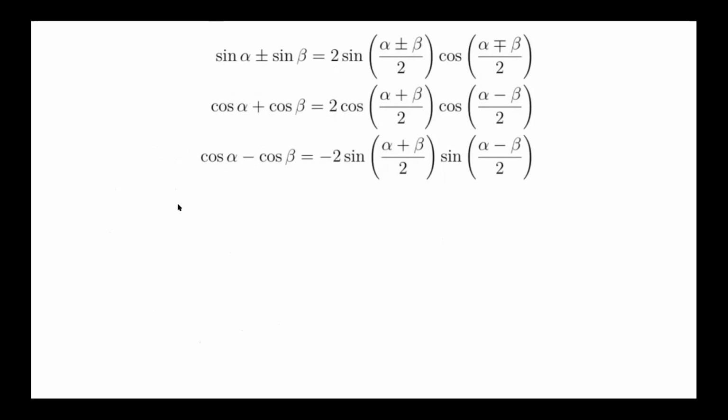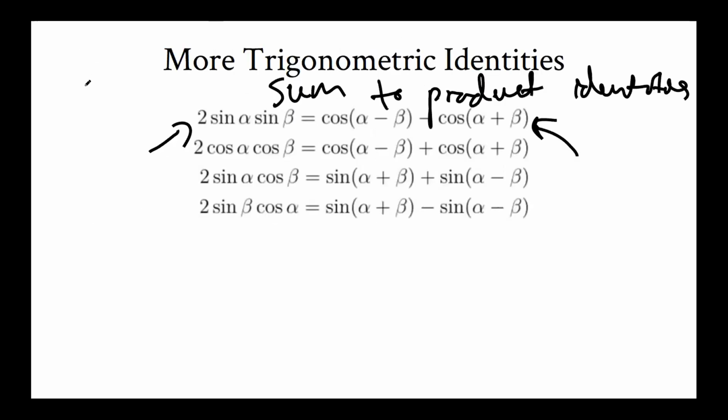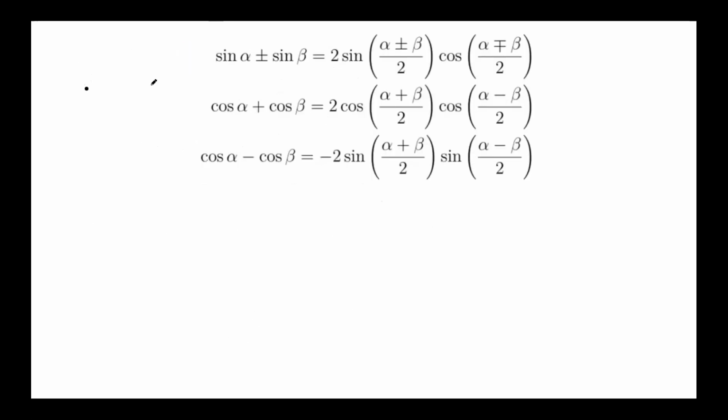And then we also have the opposite. So basically, what did I say for the other one? Sum to product. Okay, I guess these are product to sum. These are sum to product.